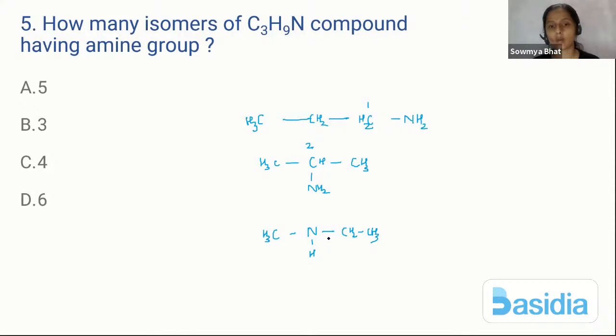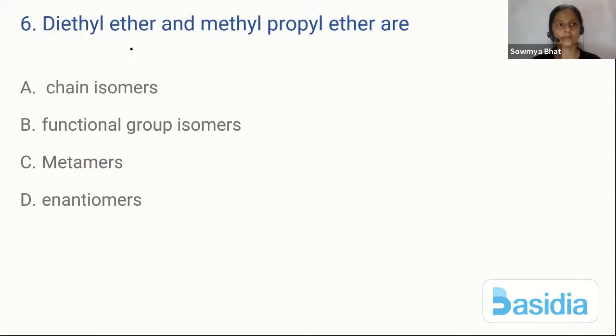So this is one more possibility, and this is a secondary amine. The other possibility is CH3, N, CH3, and CH3. This is the fourth possibility. So these two are primary amines, and here you have a secondary and a tertiary amine. So the maximum number of possible isomers is 4. So the correct answer would be option C.